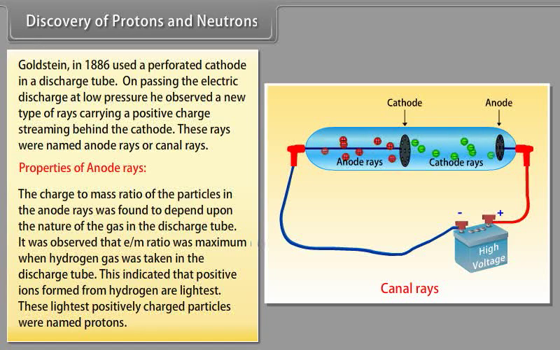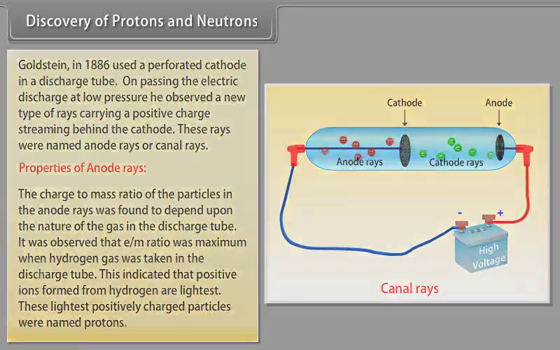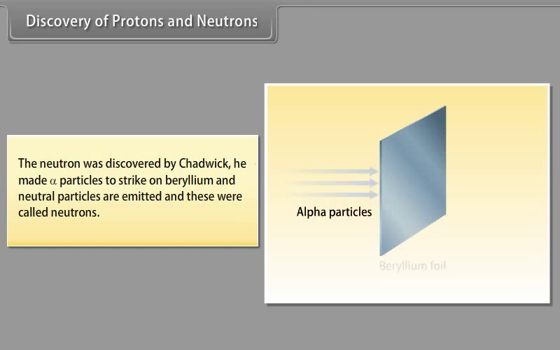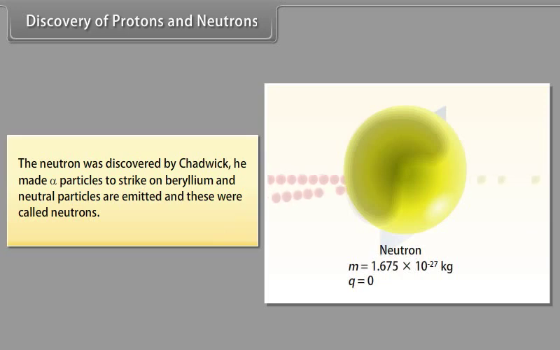It was observed that the e/m ratio was maximum when hydrogen gas was taken in the discharge tube. This indicated that the positive ions formed from hydrogen are lightest. These lightest positively charged particles were named protons. The neutron was discovered by Chadwick. He made alpha particles strike beryllium, and neutral particles are emitted, and these were called neutrons.